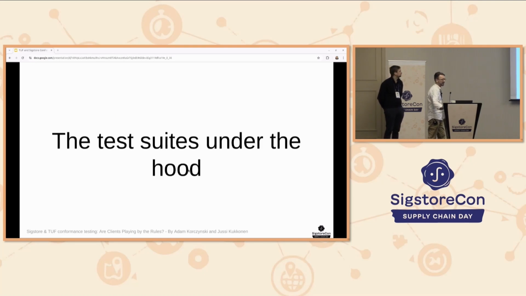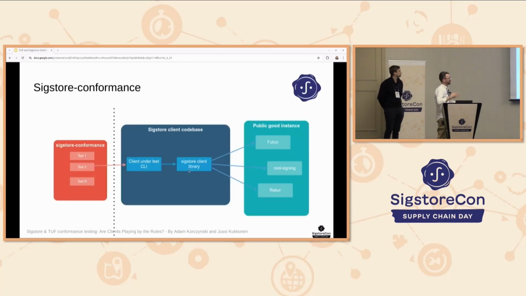All right, if we look at some of the actual implementation details, now we have to start looking at the specific test suites. So this one's Sigstore. On the left, there's the actual test suite with separate tests. And then in the middle, you can see the actual Sigstore client code base with the CLI that was mentioned.